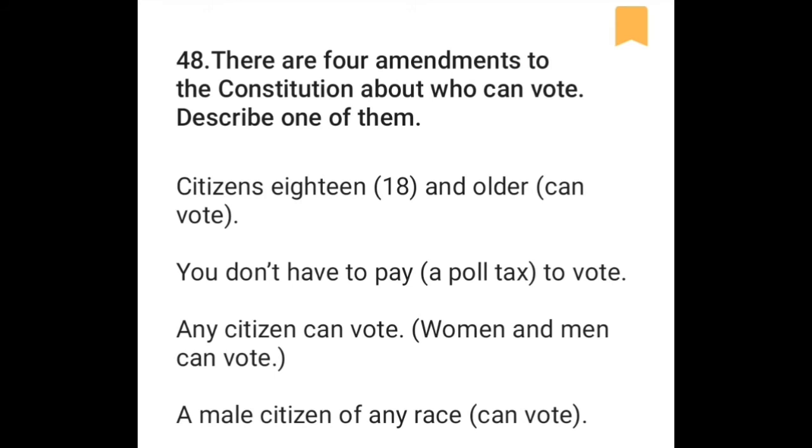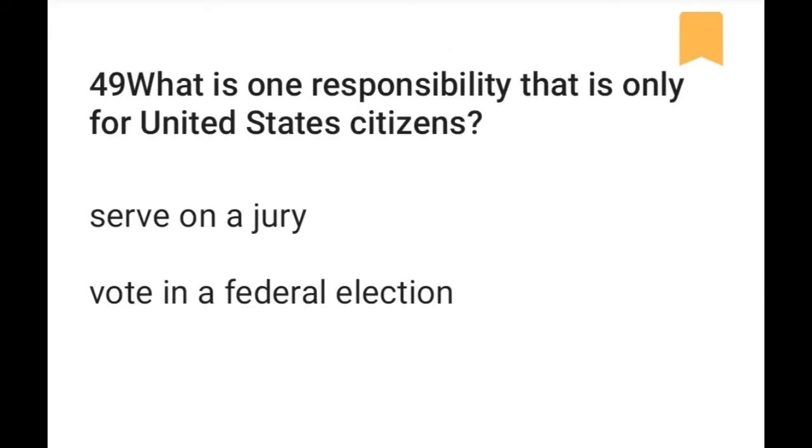A male citizen of any race can vote. What is one responsibility that is only for United States citizens? Serve on a jury. Vote in a federal election.